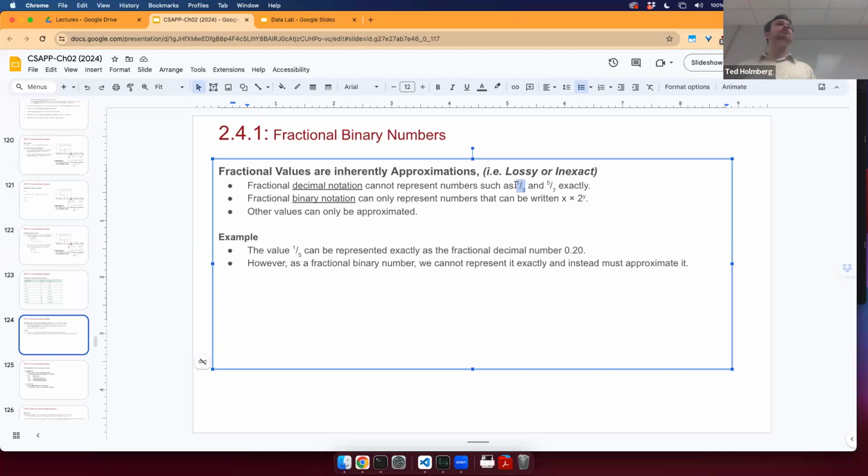So there are some values that we can represent as a discrete countable set of digits for a fractional value in one base and not in another. This is an important concept to know because this is why you might have a value that you can represent in decimal notation, but then when you save it and look it up, it becomes a different value after you do an operation on it, because it might translate into the binary equivalent, which doesn't have an actual defined representation, and then it becomes an approximation.